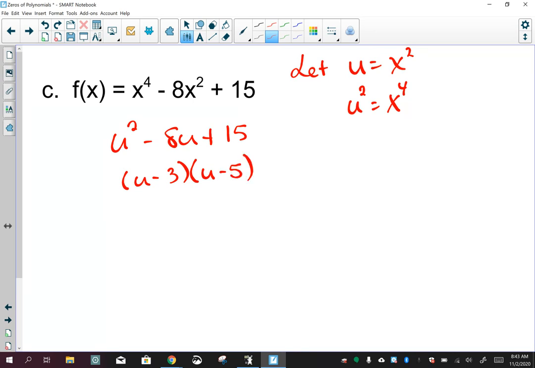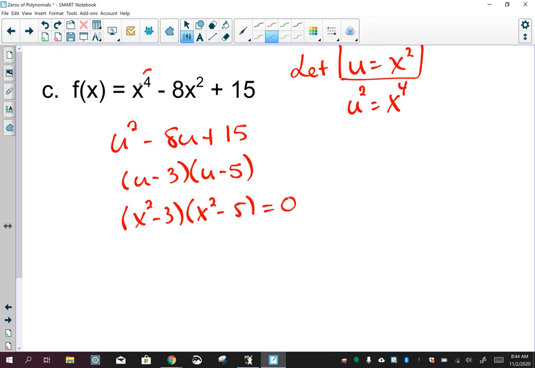But you have to remember that this problem is set up in x's. So you want to take your u and put your x squared back into it. So you really are looking at x squared minus 3 times x squared minus 5, and we're going to set this equal to 0.